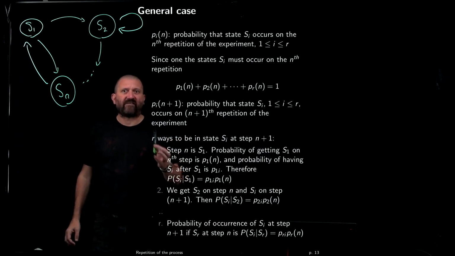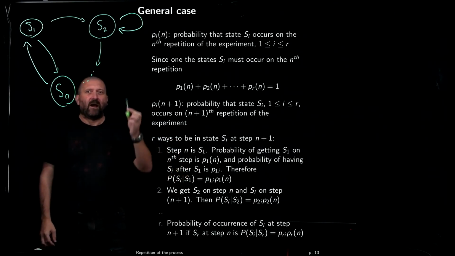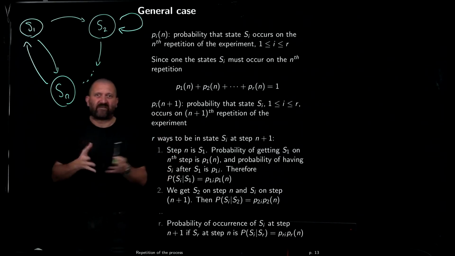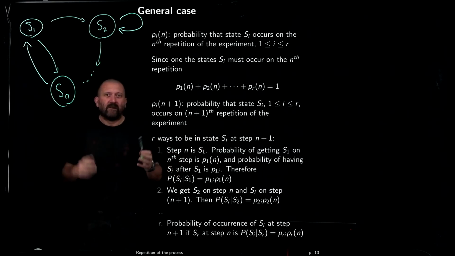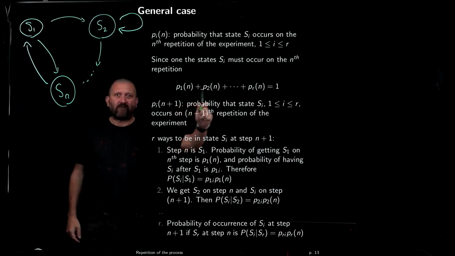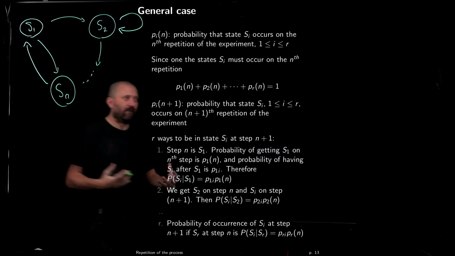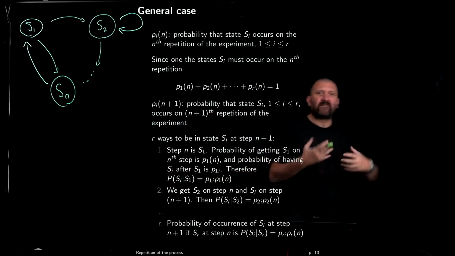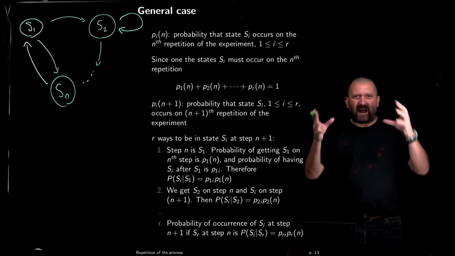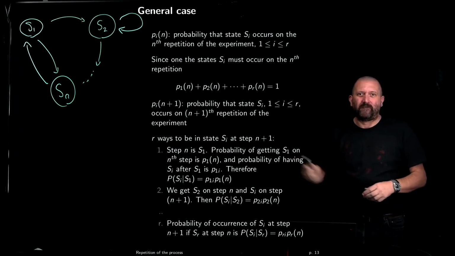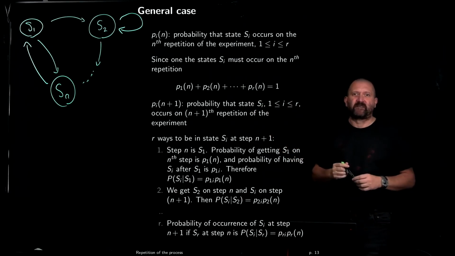Remember what I stressed quite a few times, the system has to be somewhere. We don't allow the system to be unknown. So that means that the sum of those probabilities of being somewhere needs to be 1. The complete state space has to be occupied. The system has to be somewhere. So we have this relationship here.